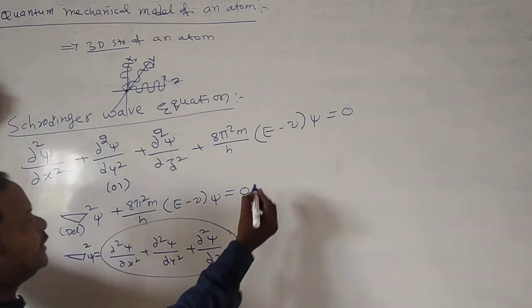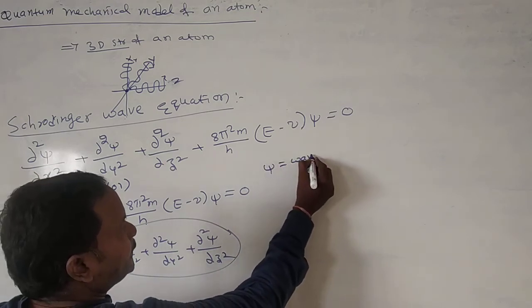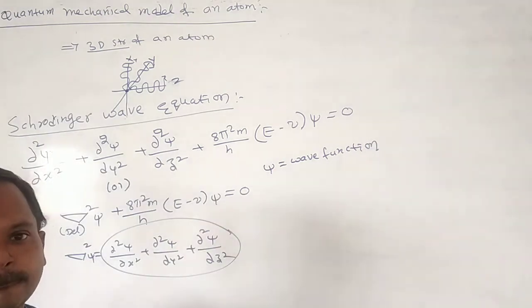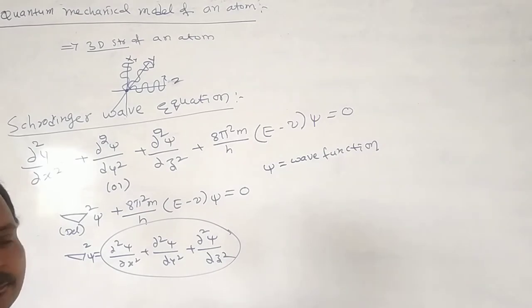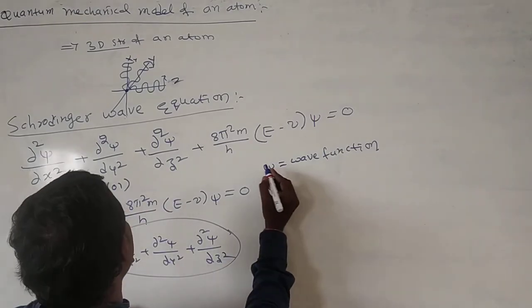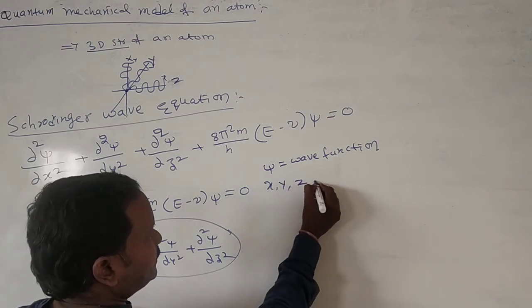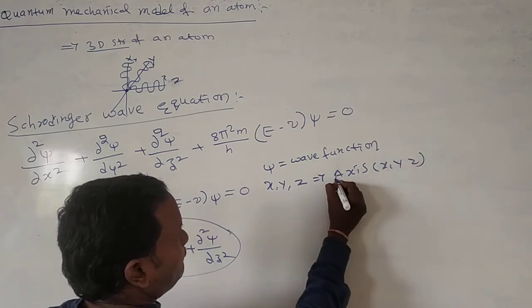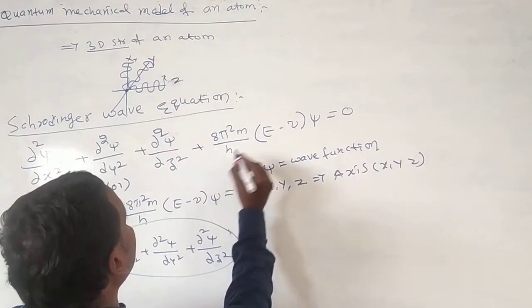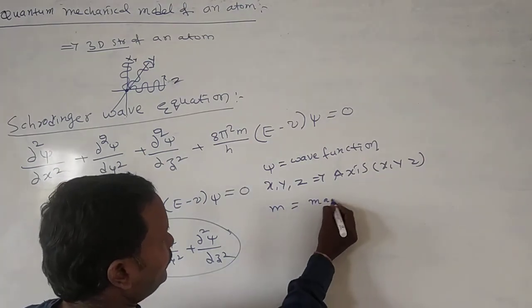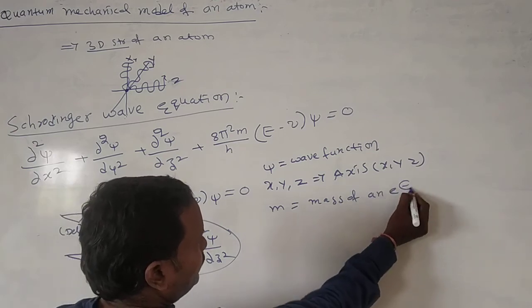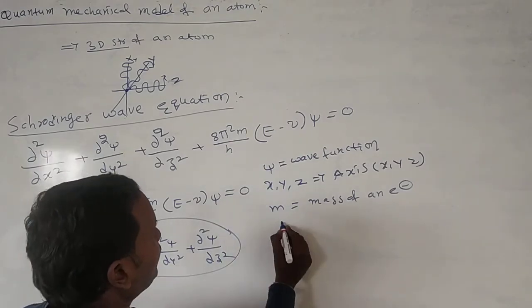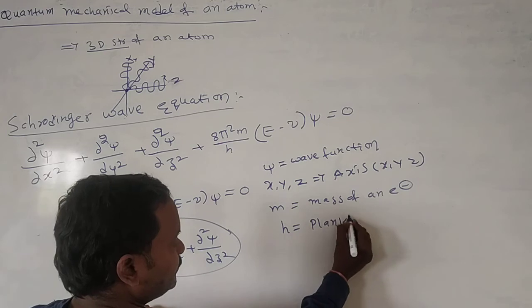What is psi? It is the wave function. Here x, y, z are the axes. m is the mass of an electron. h is Planck's constant.